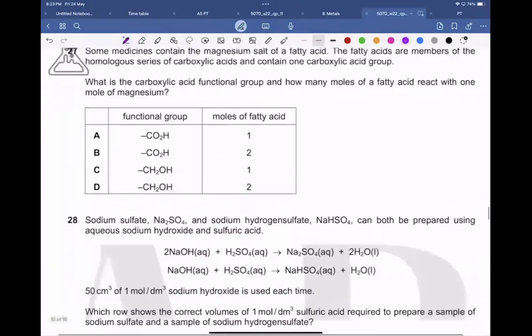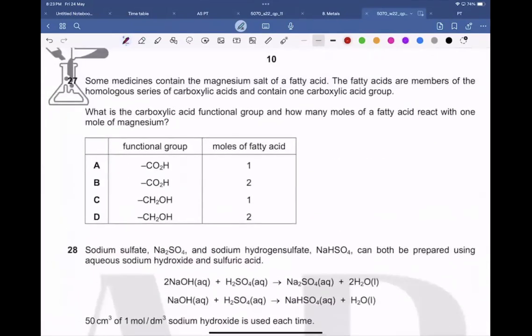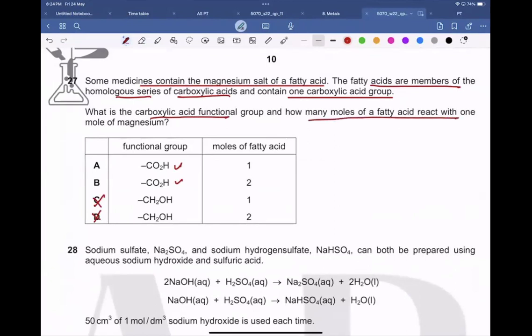Now, question number 27. Some medicines contain a magnesium salt of a fatty acid. Fatty acids are members of a homologous series of carboxylic acids and contain one carboxylic acid group. What is the carboxylic acid functional group? We know this is the carboxylic functional group. So C and D go wrong. And how many moles of fatty acid are required per 1 mole of magnesium?